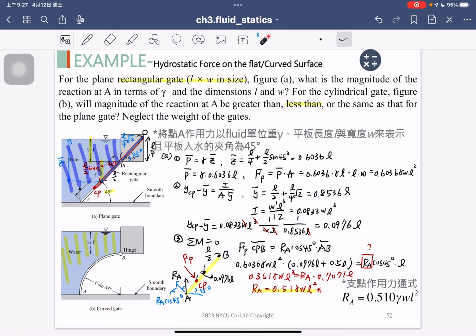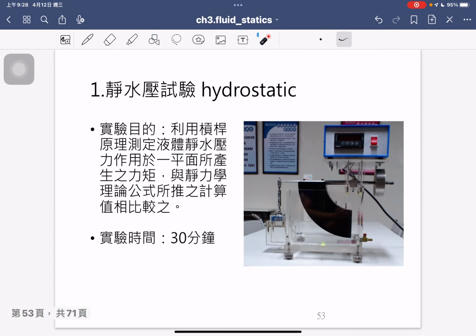That's why we require a larger reaction force to open the gate. Okay, so this is a final exercise for our hydrostatic ideas. And in the future, if you have some hydrostatic example, you can apply the equation shown here. Okay, so we move to the next.